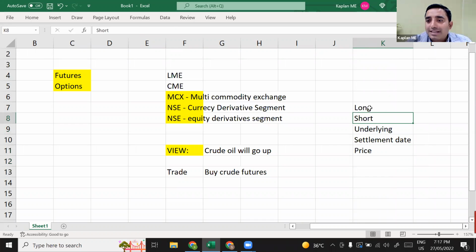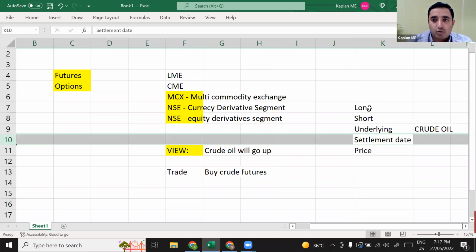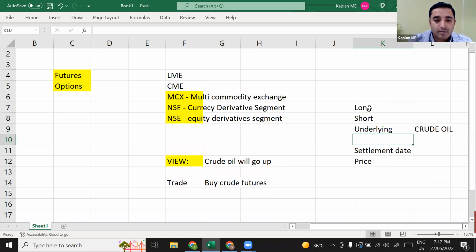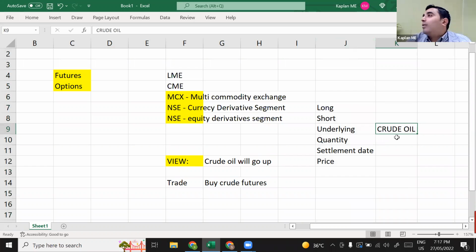Now, this underlying is crude oil in our case. Clear? And there's also quantity. This quantity is specified in the contract note. I cannot go for any quantity. I cannot say I want to enter into 2 barrels, 5 barrels.